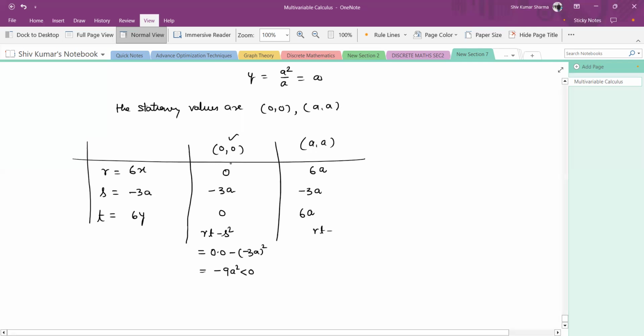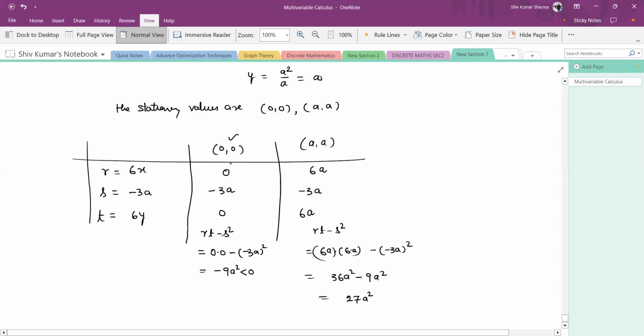Similarly, we check rt minus s square for the second point. Here r is 6a and t is also 6a, minus s square, which is minus (3a) square. So 36a square minus 9a square gives us 27a square.